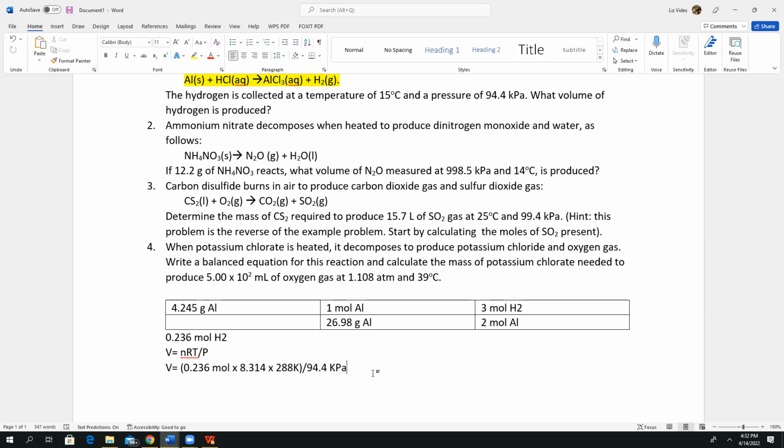Now, 1 mole of CS2 is equal to what? Carbon plus 2 times sulfur, 76.15 grams.